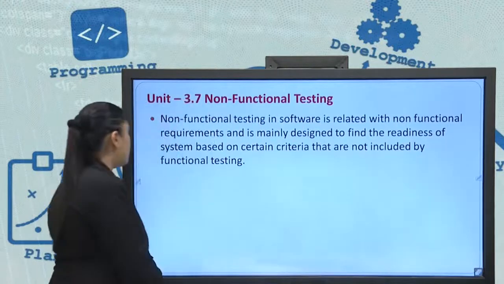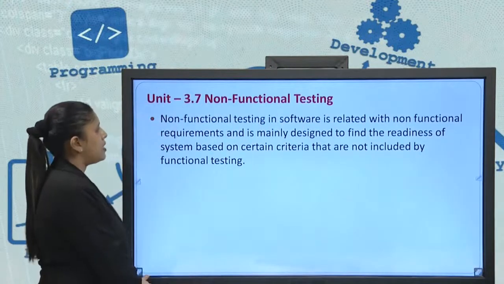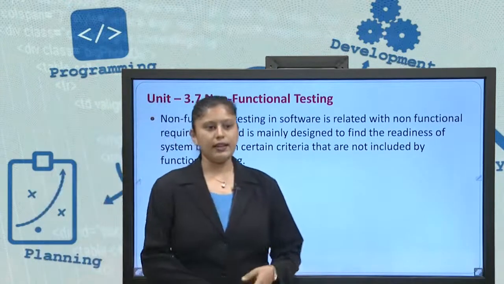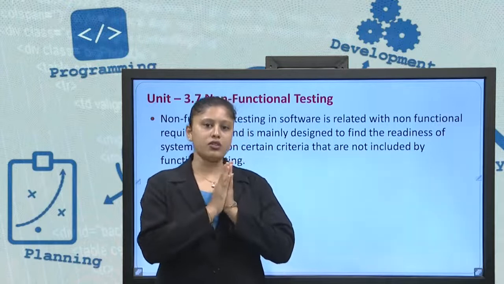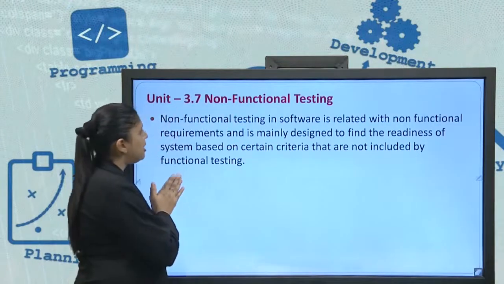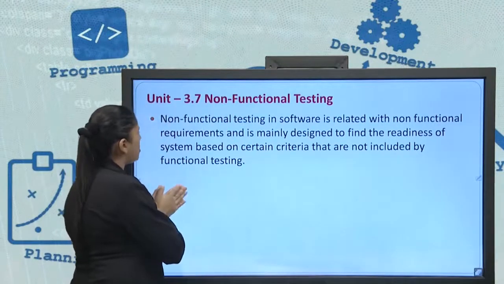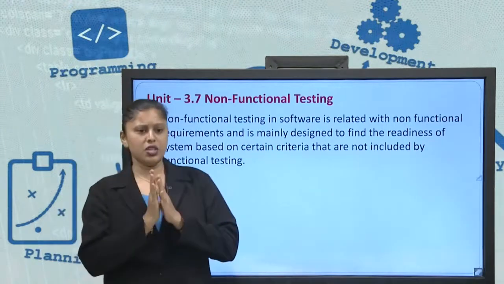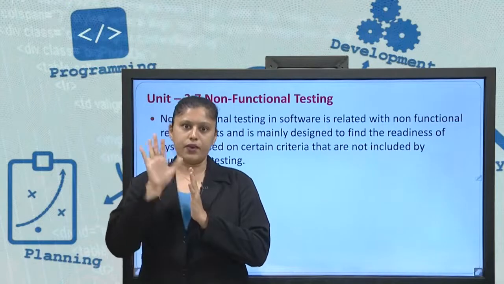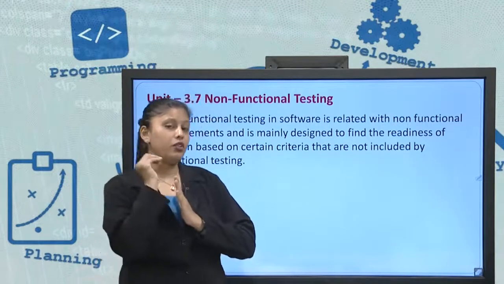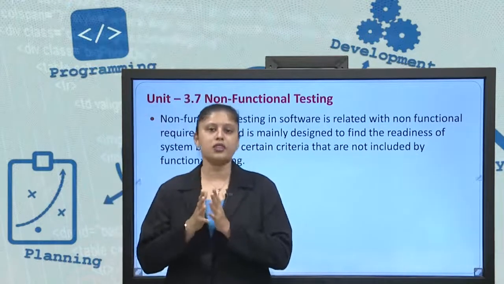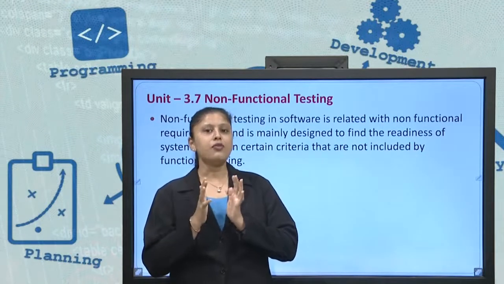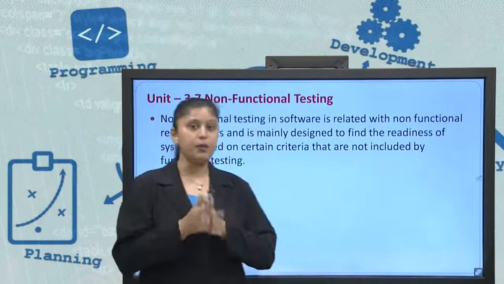Non-functional testing in software is related to non-functional requirements. It is mainly designed to find the readiness of a system based on certain criteria that are not included in functional testing. In functional testing, we check the functions that my particular product is going to give me. But unlike functional testing, here we will be focusing on my non-functional parameters.